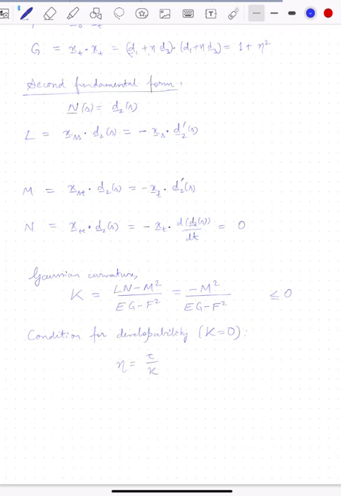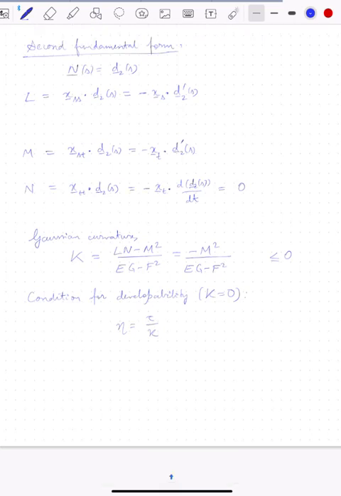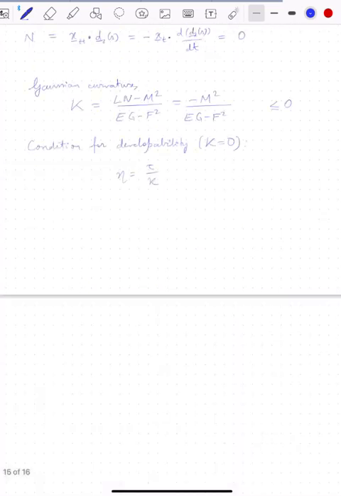Right? So furthermore, what we have is that we can look at the mean curvature and also the area element, right?